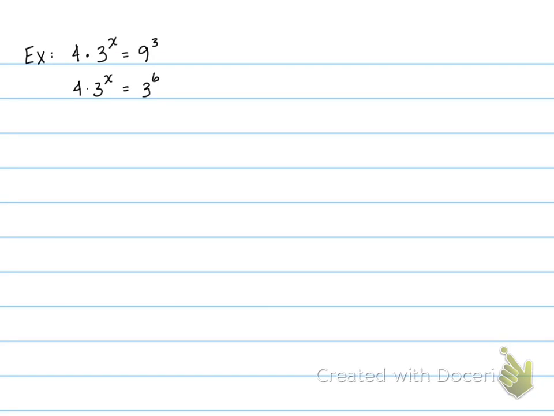But then I'm kind of dead in the water because 4 can't be written with a base of 3. And so even though I have the same base, the left side is not a single exponential expression. It's something times an exponential expression. And so there's no way to relate the bases here. And so I have to use a different method.